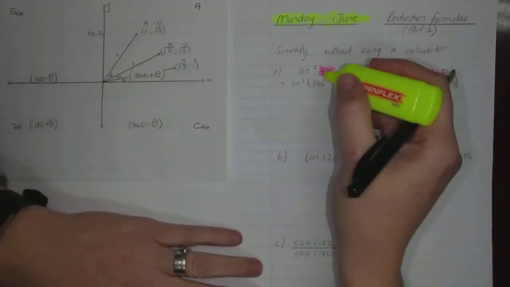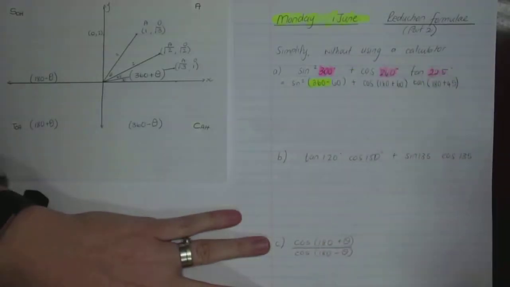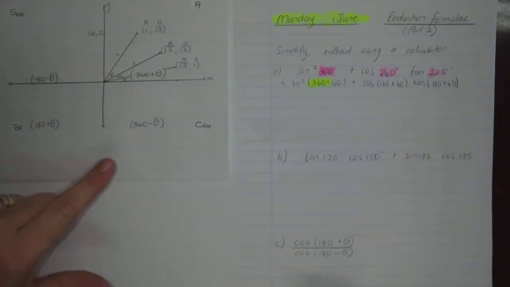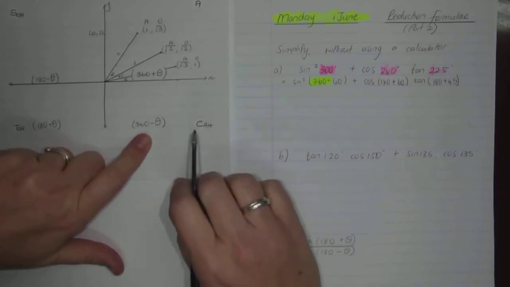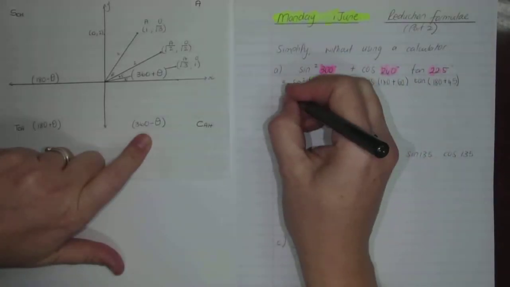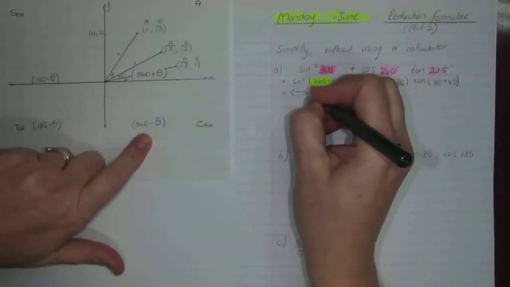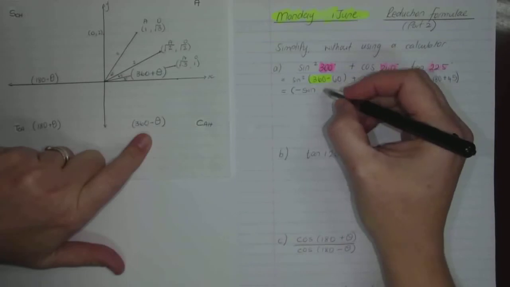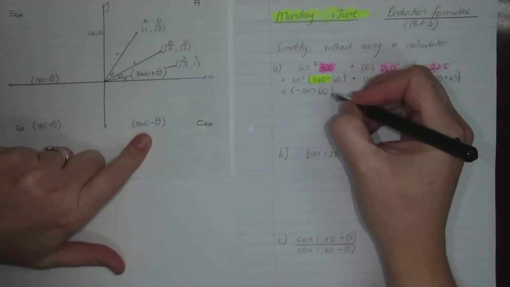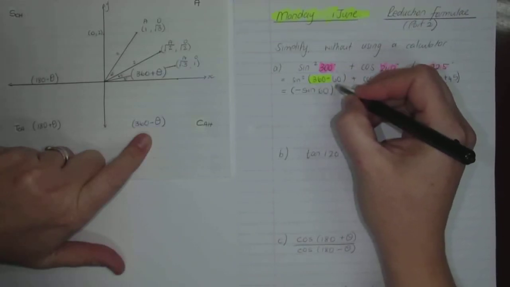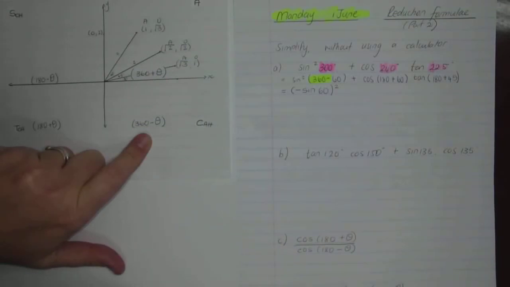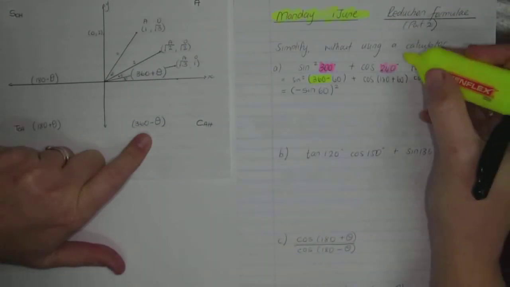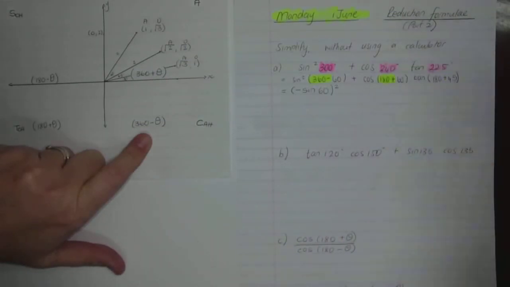Right, so in 360 minus, only cos is positive, so therefore sine will be negative. So 360 minus means I'm going to have a negative sine of 60, and I am going to have to square that. Right, 180 plus.